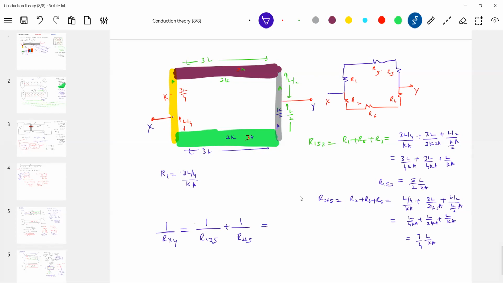So this will be 2Ka by 5L, 4Ka by 7L. Two by 5 plus 4 by 7. Anybody, the value of Rxy?